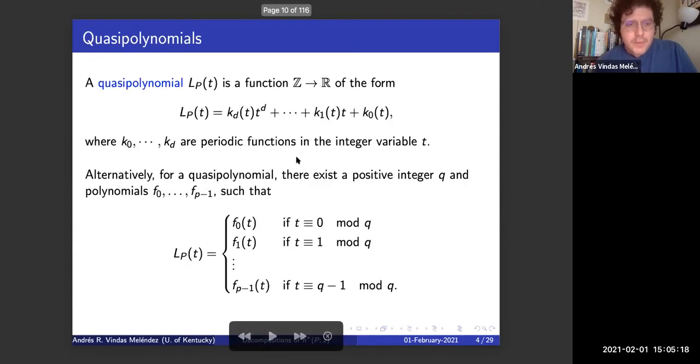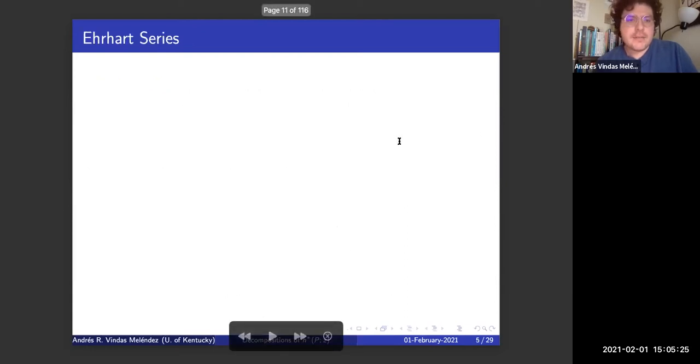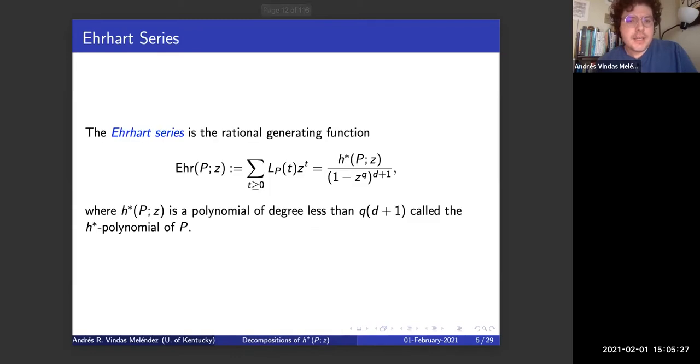But we have this Ehrhart quasi-polynomial, and we encode it in a generating series, and this generating function is called the Ehrhart series. It turns out that this Ehrhart series has this nice rational form where we call the numerator the h-star polynomial.